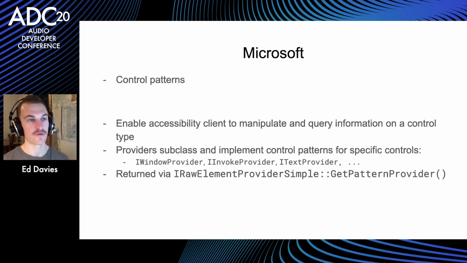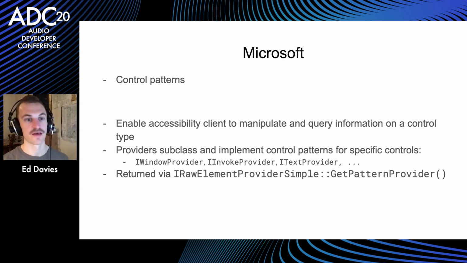So control patterns are analogous to the NSAccessibility methods that we talked about earlier. And they enable an accessibility client to manipulate and query information on a control type. And providers need to subclass these interfaces and implement control patterns for specific control types.